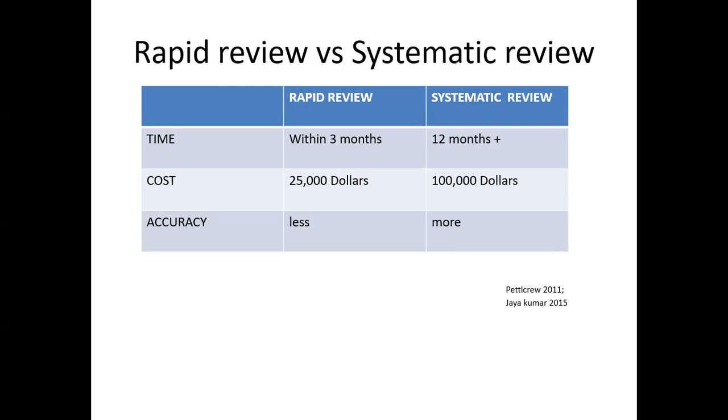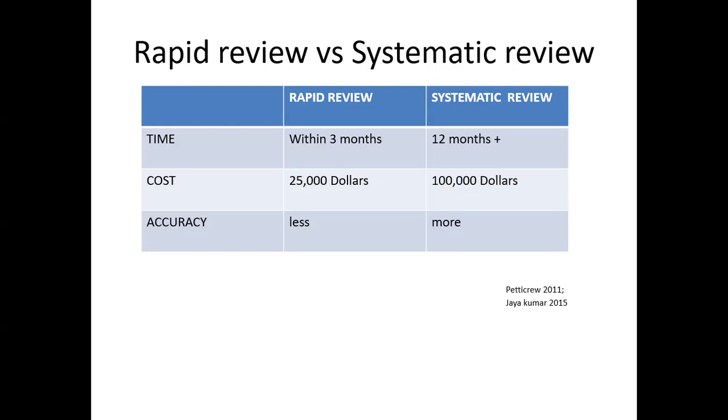For a systematic review, you need 12 months and plus. It can be 2 years, it can be 3 years. It needs time. So in a situation of epidemics, you are not going to suggest working on a systematic review because by the time you finish the systematic review, everyone is dead.